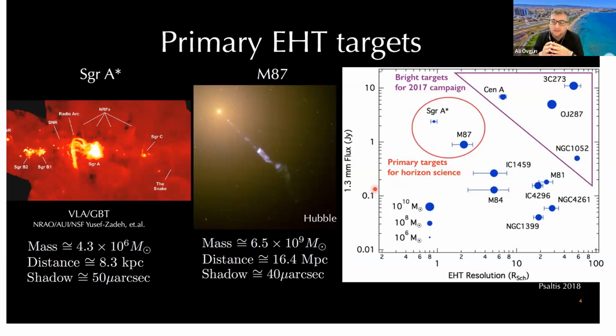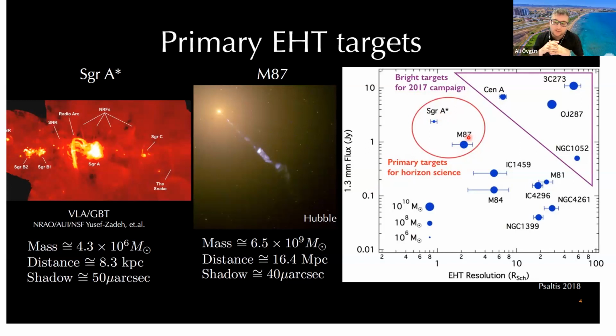The point here is that as you go towards the left on the x-axis, you get higher and higher resolution, so Sagittarius A* and M87 are very clearly the two best candidates for us to get a horizon scale image.